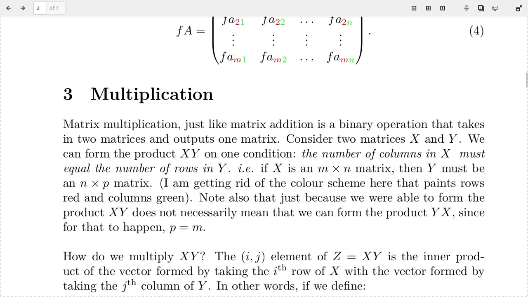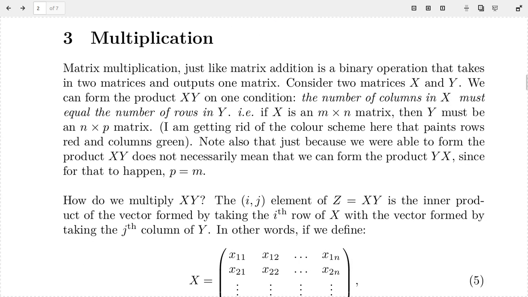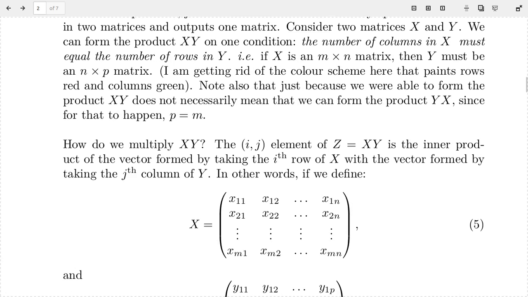Now let's look at multiplication of one matrix by another matrix. When we're multiplying matrices, of course, order matters.